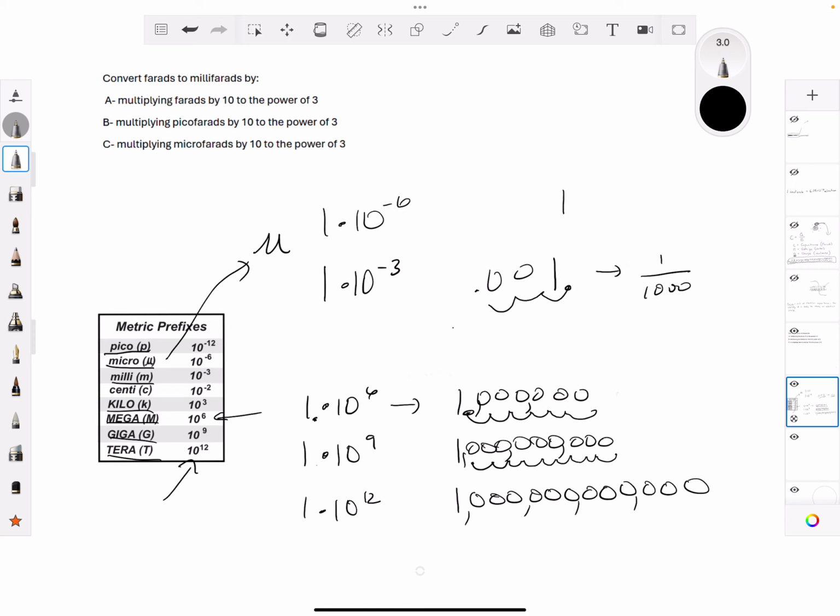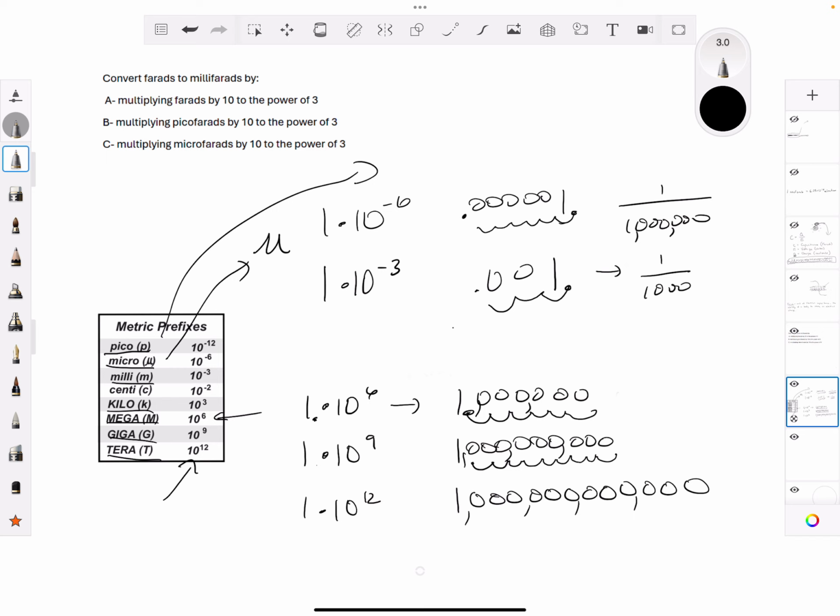So if I take my 1, start with my decimal on the right side, I go 1, 2, 3, 4, 5, 6. So I'd have 5 zeros, which would be dividing by a million. And the same for the pico. The pico would be dividing by a trillion, right?